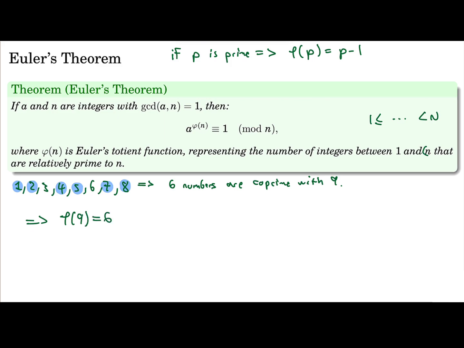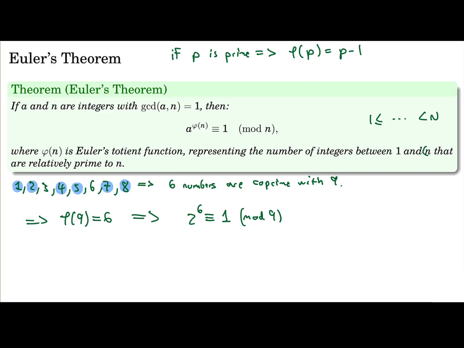Then by Euler's theorem, 2 to the power of 6, for example, is going to be congruent to 1 mod 9. Since 2 and 9 are coprime, and phi of 9 is 6, 2 to the power of 6 is congruent to 1 mod 9.